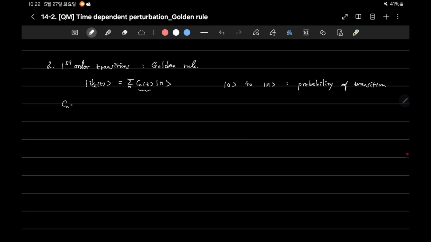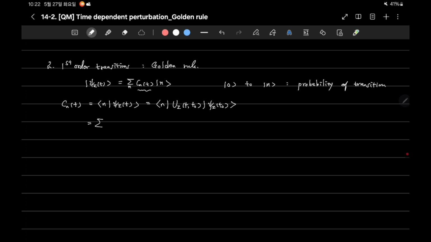So for this transition probability, the key element is c_n(t), and from the above, c_n(t) can be written as <n|psi_I(t)>. Then psi_I means the time evolution operator U_I(t, t0) acting on psi_I(t0).